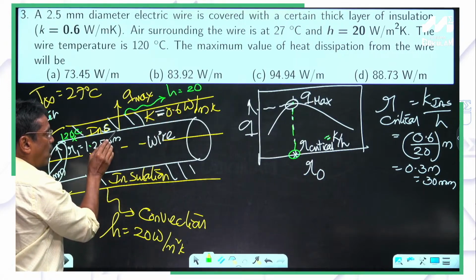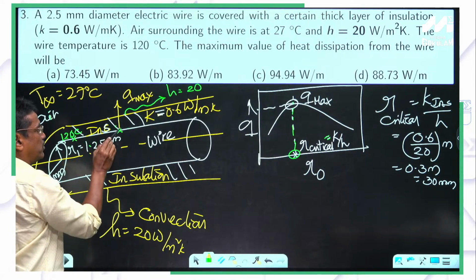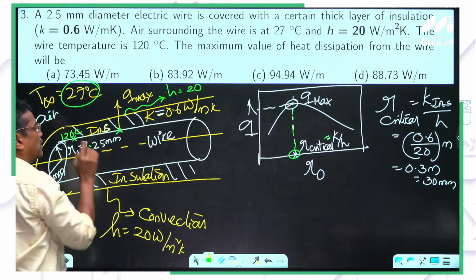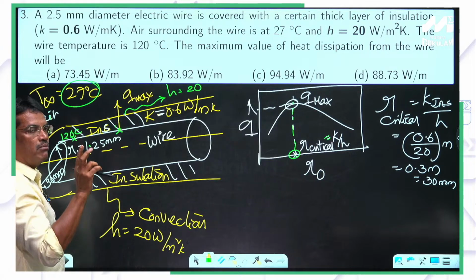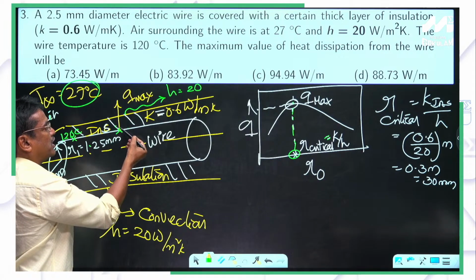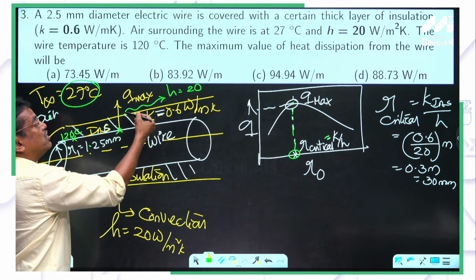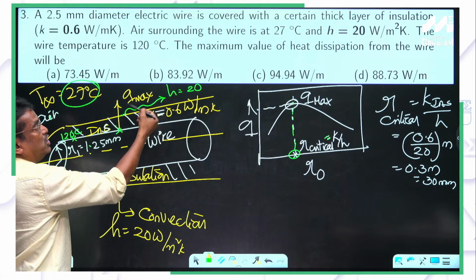So between the wire at a temperature of 120 and the air at 27, there are two resistances. One is the conduction resistance offered by the insulation. The second is the convection resistance at the surface of the insulation.